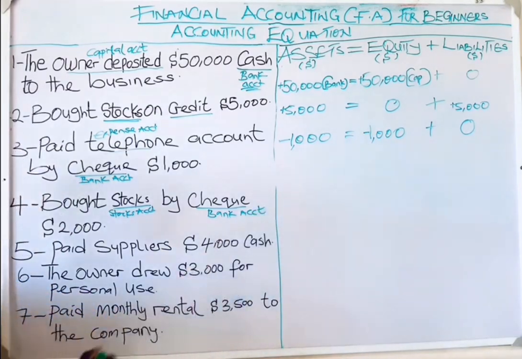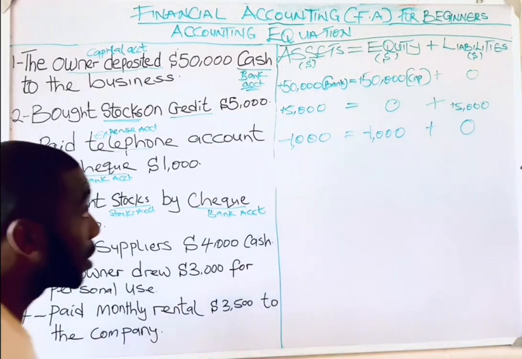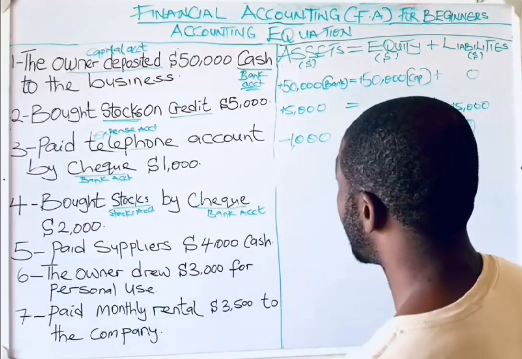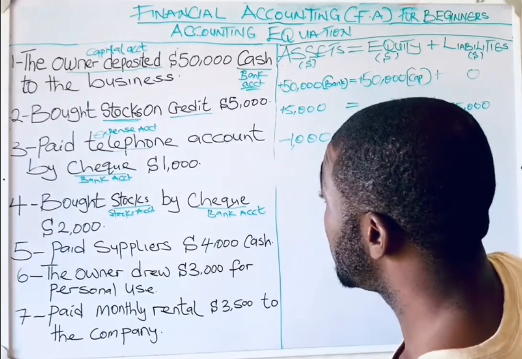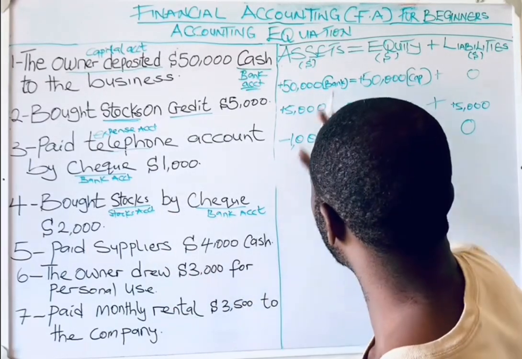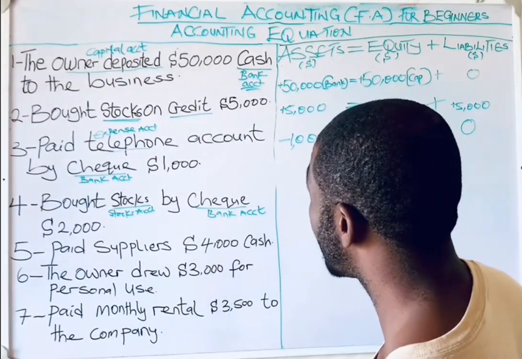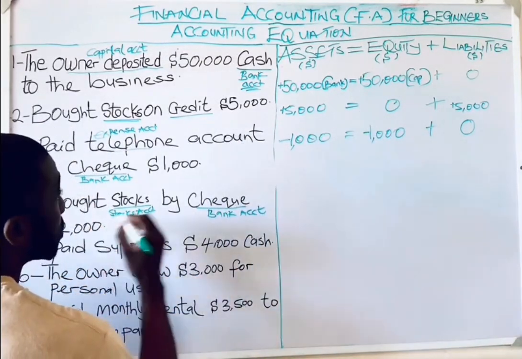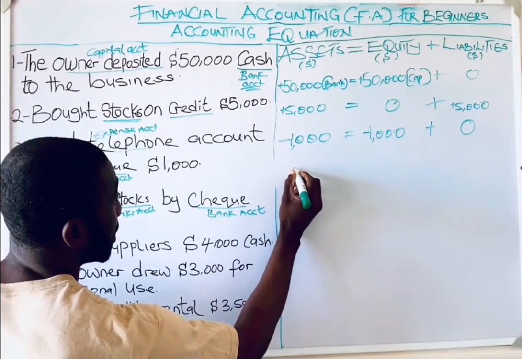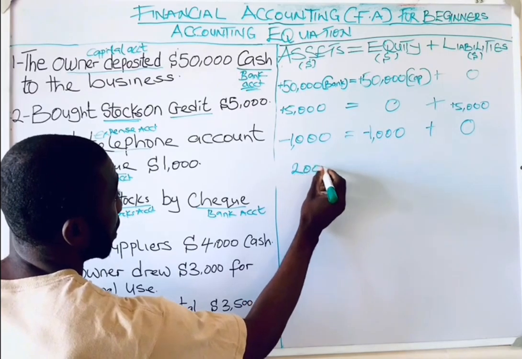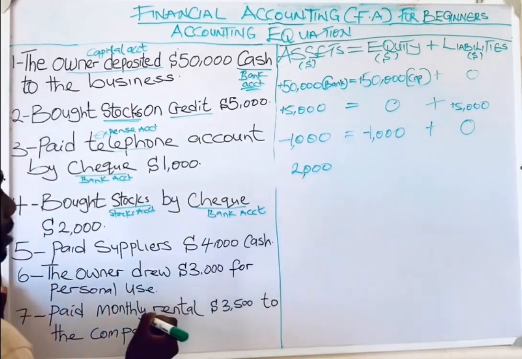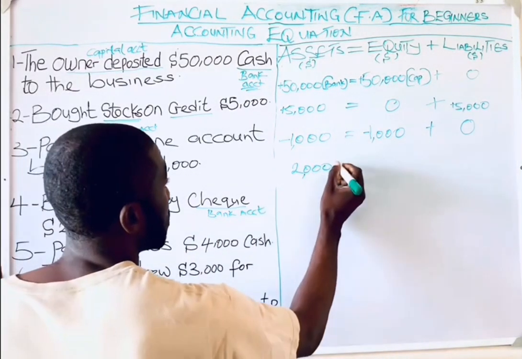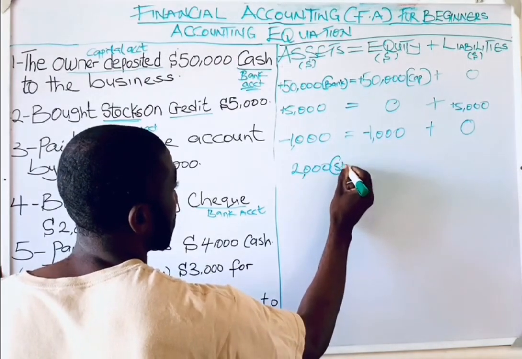Simple as that. So let's confirm the transaction to see if our equation will balance. Now, you see, this is your stock account, and the stock falls under assets column. Now, your stock, and it is $2,000. What is the implication? The implication is stocks.